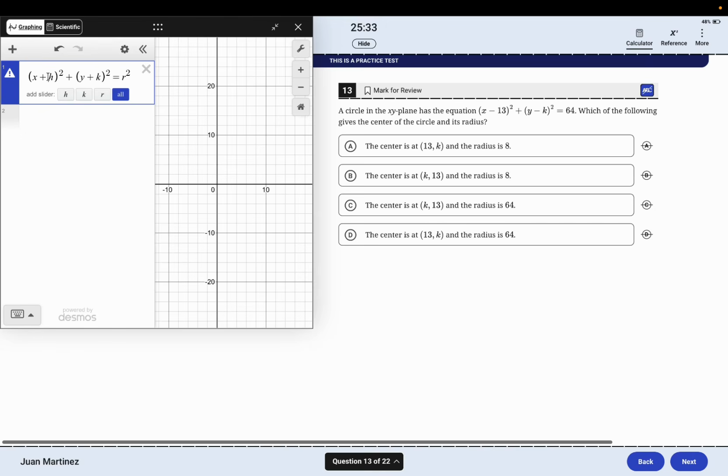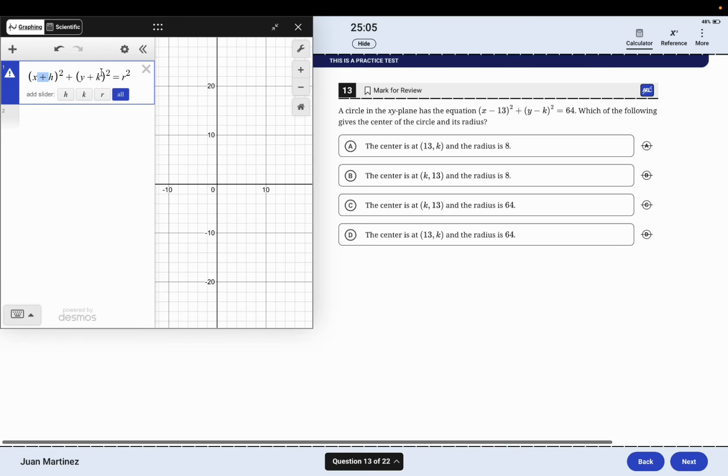Okay, so in this instance, whatever h is, it's actually going to be the negative of it. So whenever you're looking at the center coordinates, look at the sign right before that. If it's negative, it's actually positive. If it's negative, it's positive, but if it's positive, it's negative.